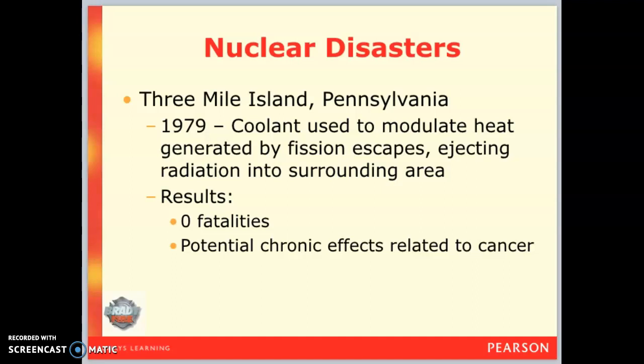Now, by all intents and purposes, Three Mile Island, while a disaster, was pretty good. There were no fatalities. There were some lasting effects in terms of the link to increased cancer risks for those people that lived in the area.